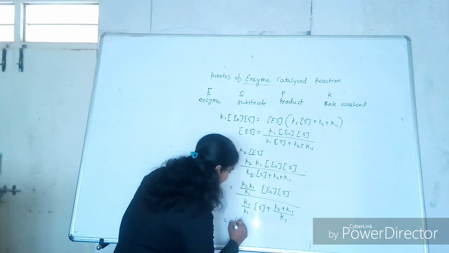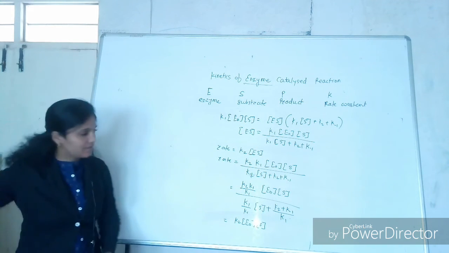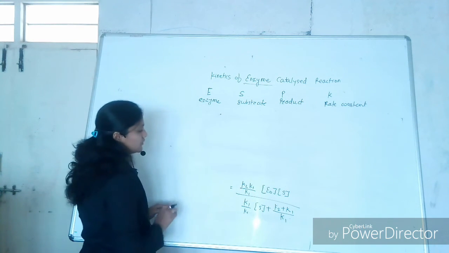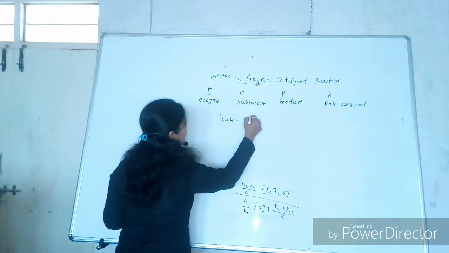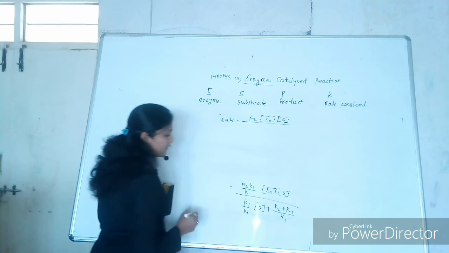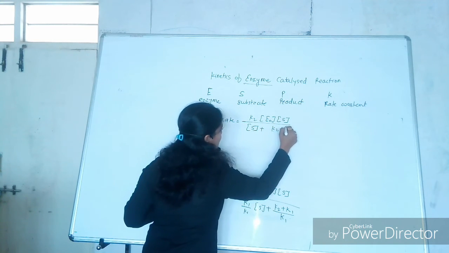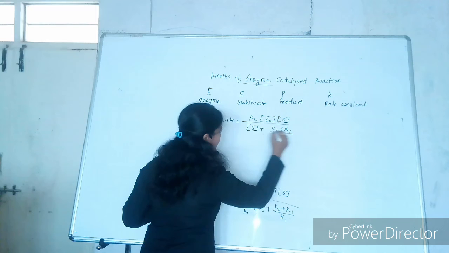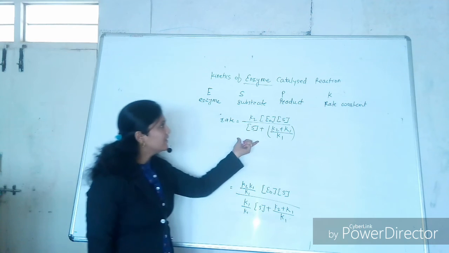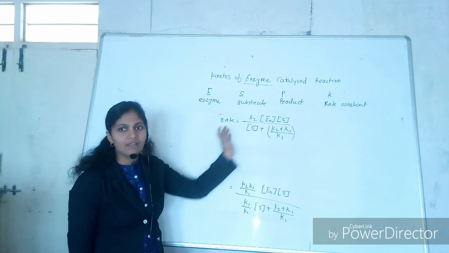So we will get the relation, rate is equal to K2 into the concentration of E0 into the concentration of S divided by the concentration of S plus K2 plus K minus 1 upon K1.